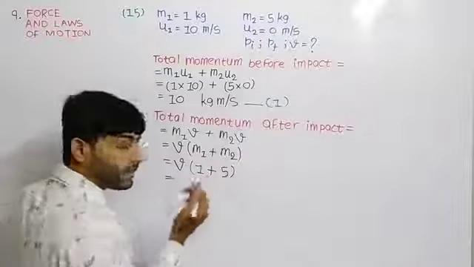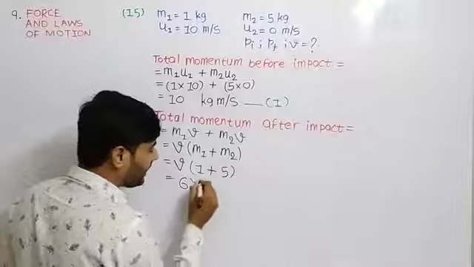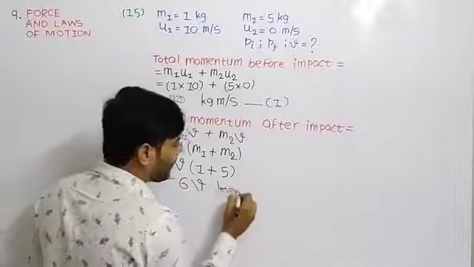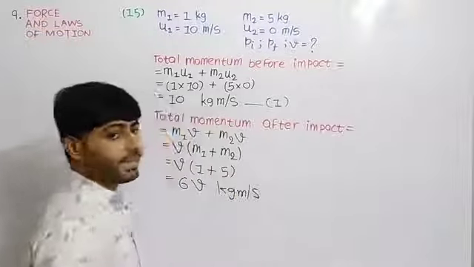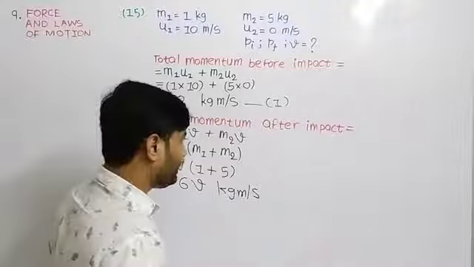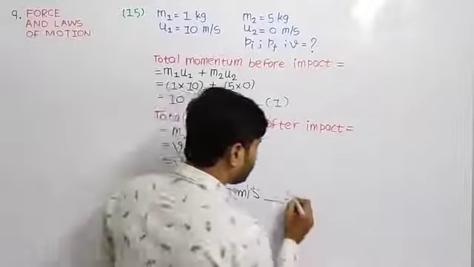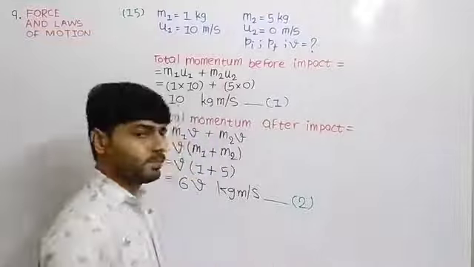So I have 5 plus 1 that is 6v kg meter per second as result number 2.